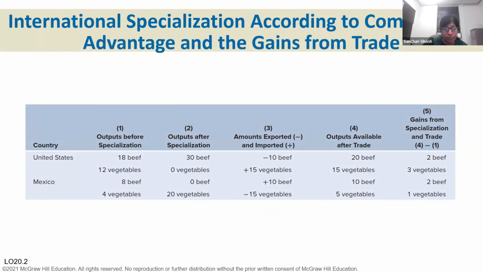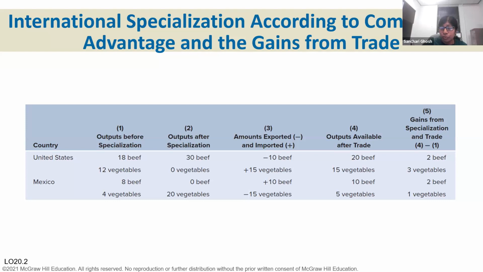Beef is expensive as far as the domestic production costs are concerned. So make all the vegetables. The plus means you're getting it from the United States. You get 10 units of beef from the United States. So the United States loses 10 units of beef, but makes 30 and gets 15 tons of vegetables. Mexico gives these 15 tons of vegetables.